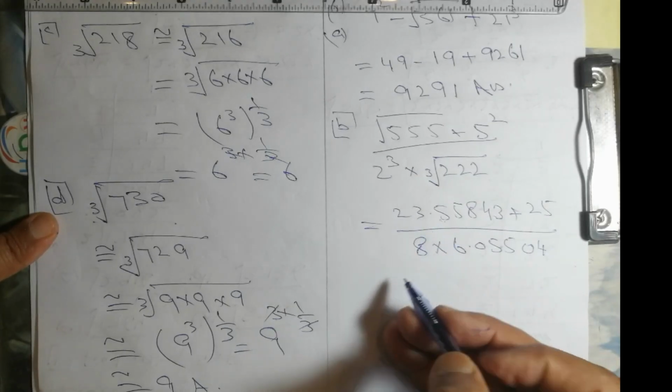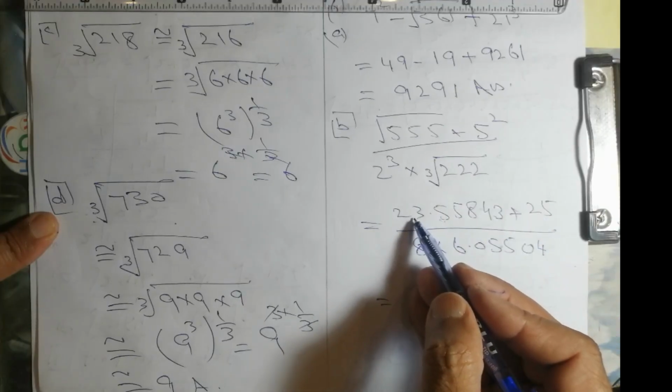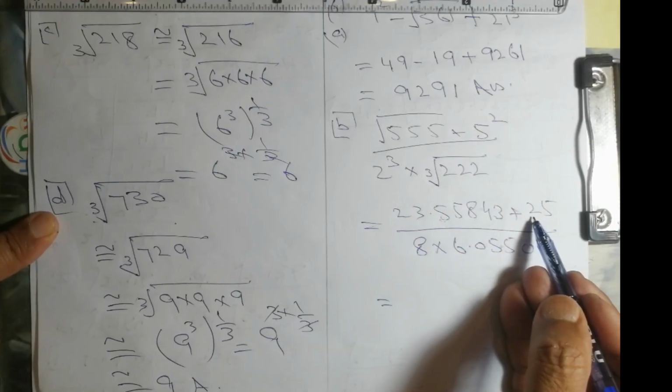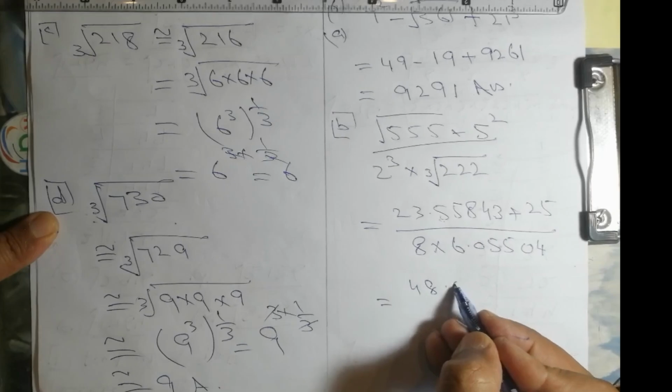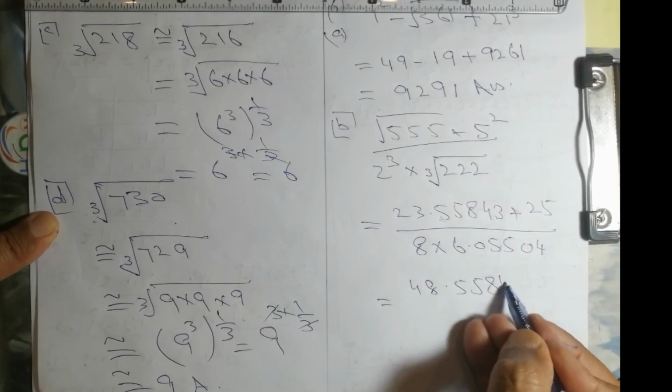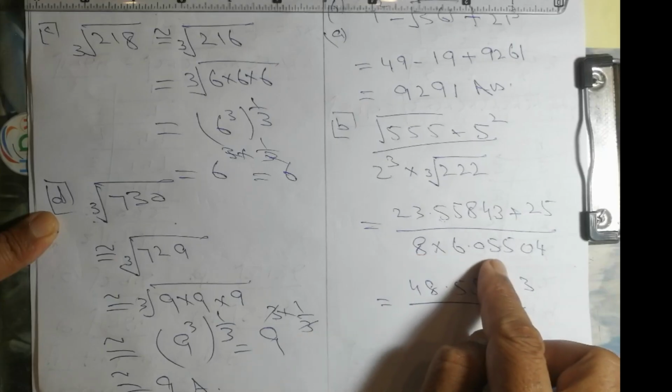So now add this 25 to 23, 25 plus 23, this will be equal to 48. So this will be 48.55843, and multiply 8 with this term.